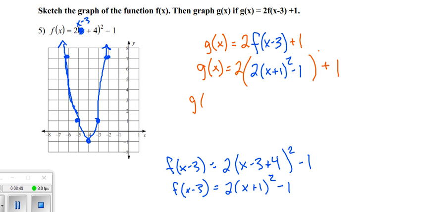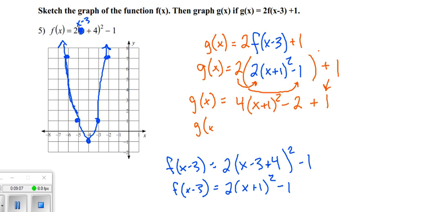So now I'm going to simplify a little bit. I have to distribute this 2. I'm going to multiply it in there and get 4x plus 1 squared. And then 2 times negative 1 is negative 2. This plus 1 comes down. G of x is equal to 4x plus 1 squared minus 1.